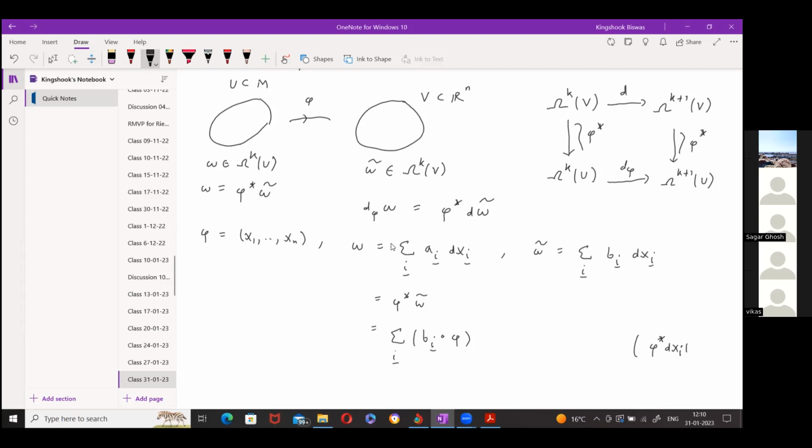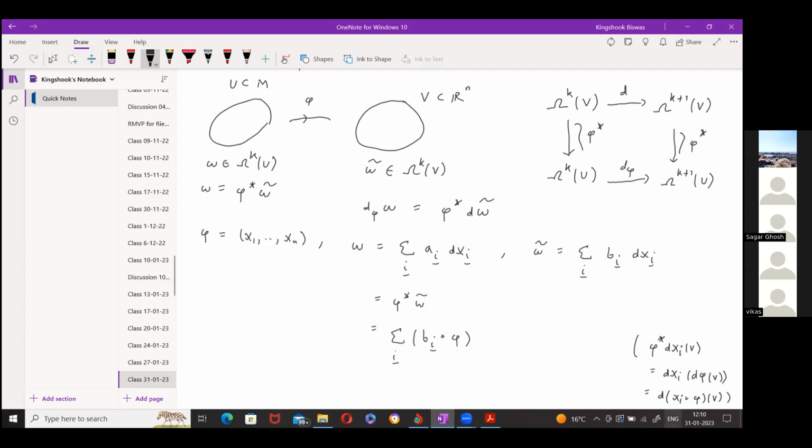Applied to some vector v, this is going to be equal to dxi applied to d phi of v, and that is d of xi composed with phi of v.